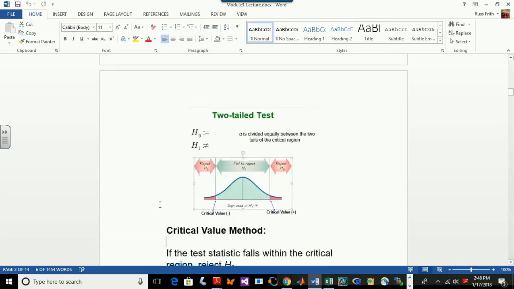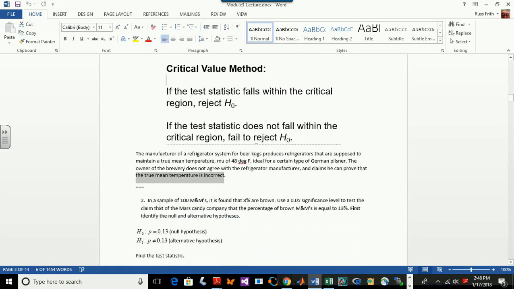Okay, let's see, can we make that assumption? Well, let's see. We have 100 M&Ms, right? So the sample size is 100. So n is equal to 100. And let's see. So NP is 8.